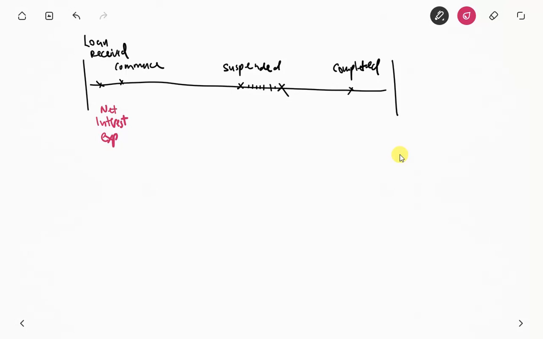But once the construction of my qualifying asset starts or commences, I will capitalize net interest.